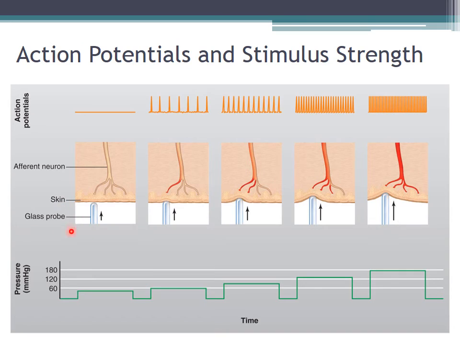So this would be virtually no intensity here. This is a tiny bit of touch here, and this is a major touch all the way over here. And notice that as you increase the strength of the stimulus, the number of action potentials that are generated increases because the signal strength is coded in the number of action potentials that are generated.